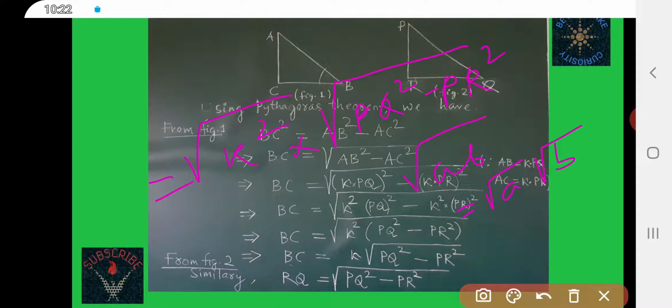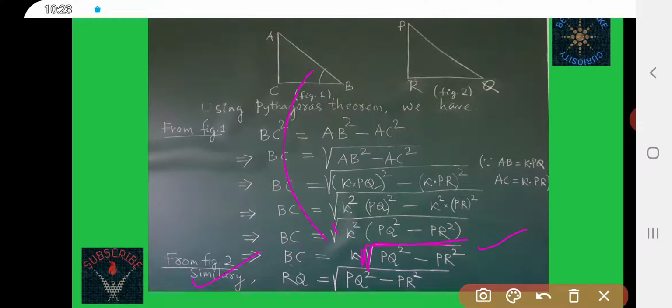So BC is equal to k into square root of PQ square minus PR square. So from figure 1 we got this much.